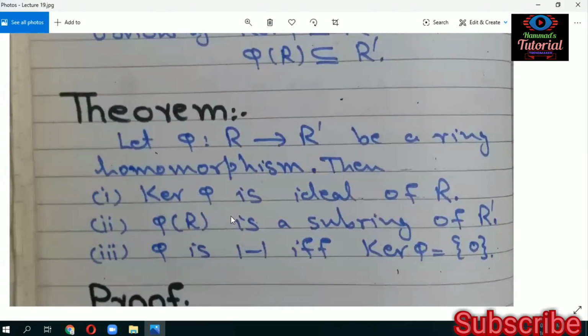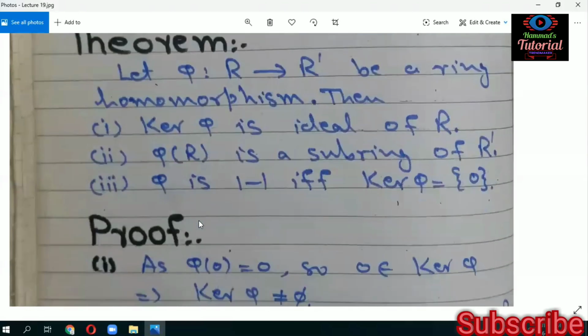Next, we have a theorem. Let phi from R to R dash be a ring homomorphism. Then kernel phi is an ideal of R, phi of R is a subring of R dash, and phi is 1-1 if and only if kernel phi is equal to 0, where 0 means the additive identity of the first ring R. These three results you have already proved in group theory for the group case, but here we prove them for rings.